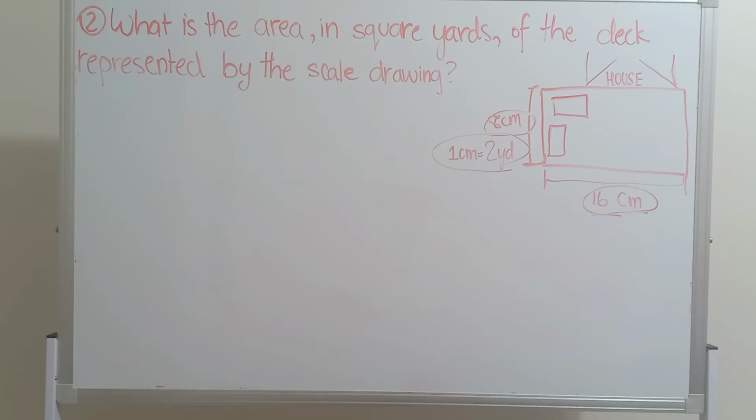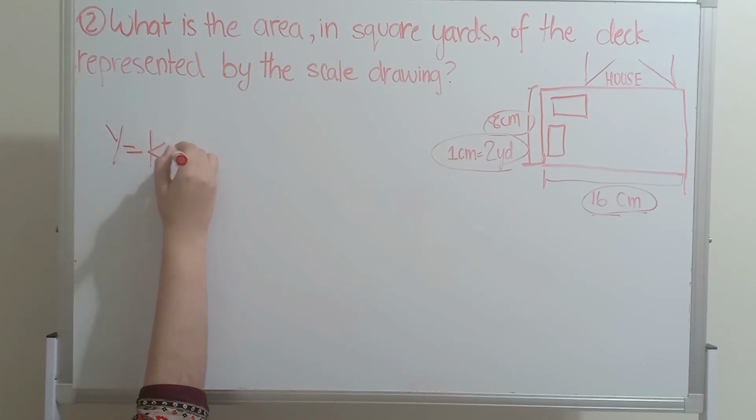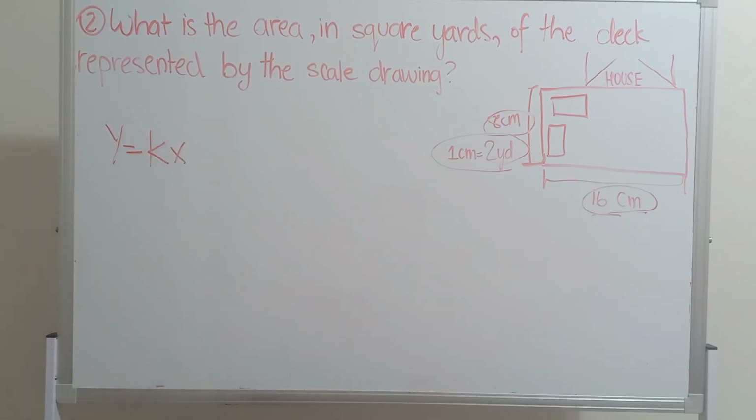We're not going to find the actual length as we did in the last question. We're going to have to find the area. One way we can do it is to find the length and the width in yards. They're given to us in centimeters, and we can use the scale to convert them into yards. We are going to use this equation, y equals kx.